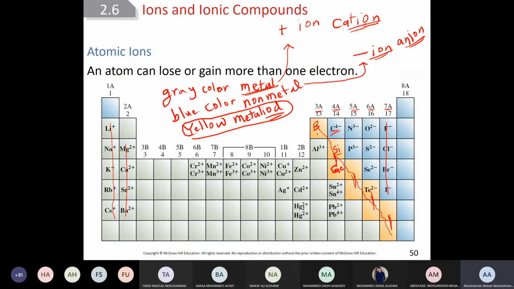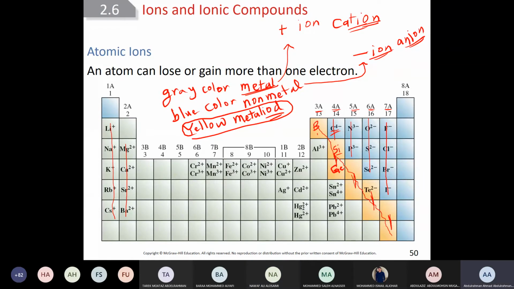What's the charge on the oxygen group? -2. What's the charge of the nitrogen group? -3. And what's the charge of carbon? -4. Clear? Okay.